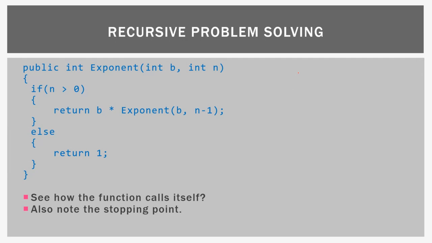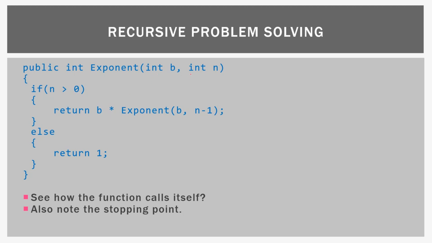So let's take a look at the method. I called the exponent method with b for the base and n for the exponent value. And we have a simple if-else here. It says if n is greater than 0, do something, and otherwise return 1.